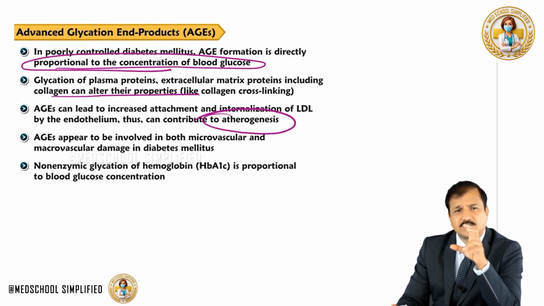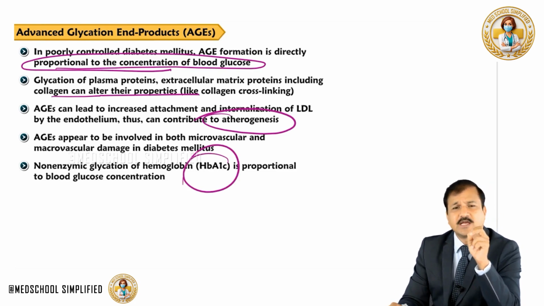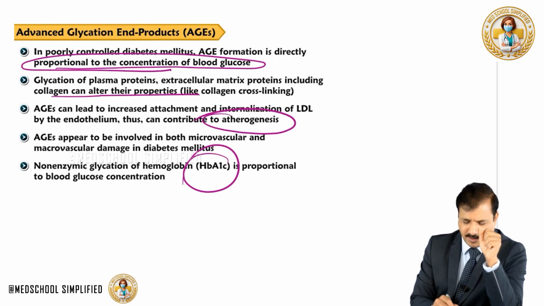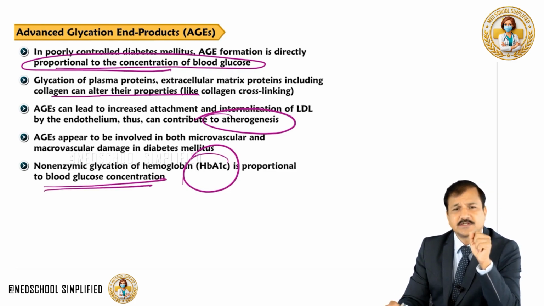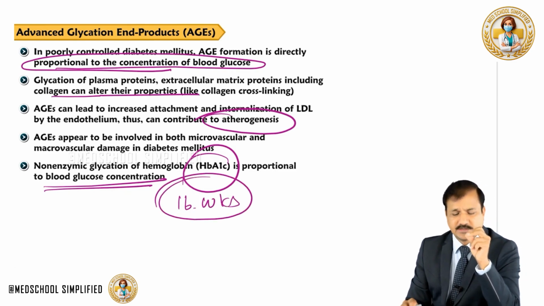And AGEs appear to be involved in both microvascular and macrovascular complications seen in diabetes mellitus, and non-enzymatic glycation of hemoglobin, that is measured as HbA1c, is proportional to the blood glucose concentration, and the percentage of HbA1c will indicate the blood glucose levels for 16 weeks duration.